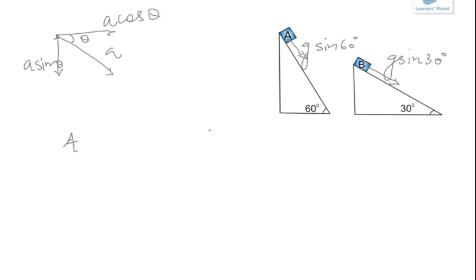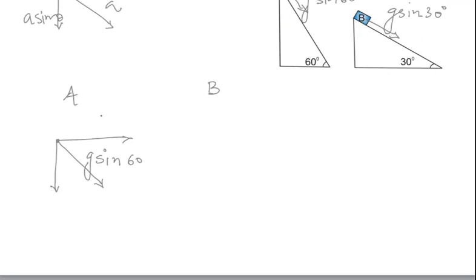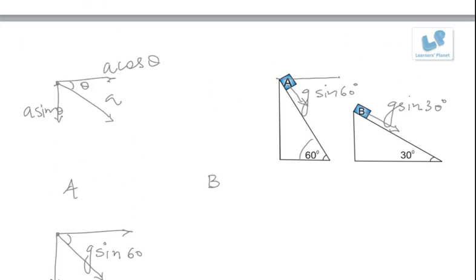Now in case of A and in case of B, the acceleration here is g sine 60. So if you find the components in the horizontal and vertical, this angle will be 60 degrees, because this is 60, therefore this is also 60 degrees.